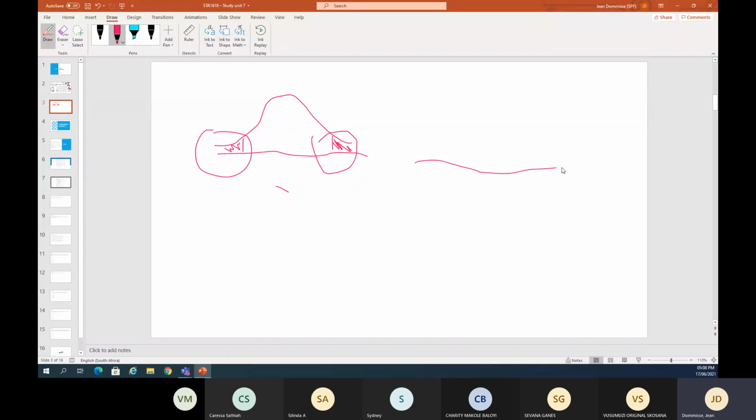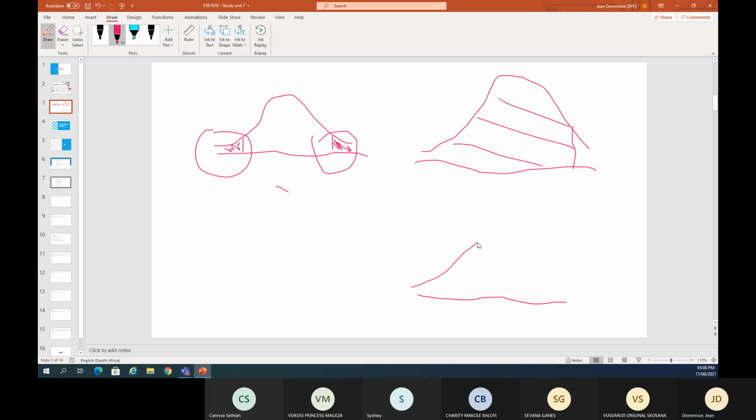If you need this area, or the other way around as well, if you need this area, you use the positive table.